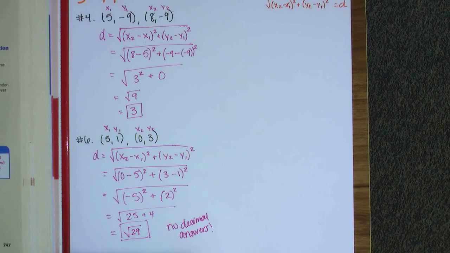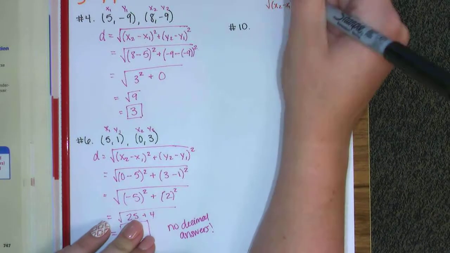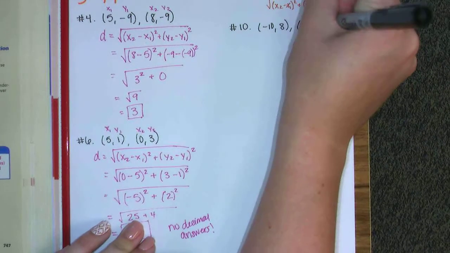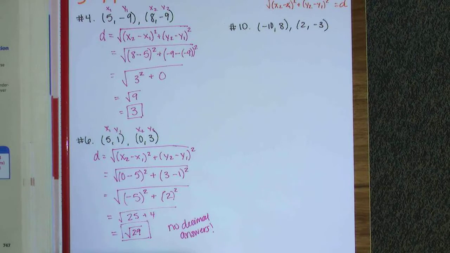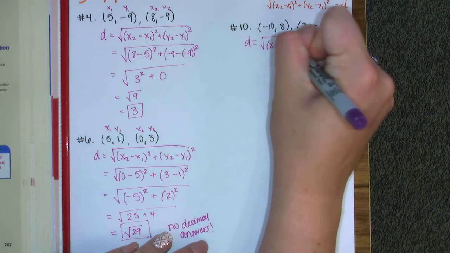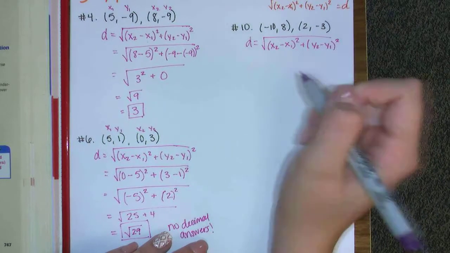Alright, let's see. I think I'll do one more of these ones. I will do number 10. Alright, so this is negative 10, 8, and 2, negative 3. So again, D is equal to the square root of (x2 minus x1) squared plus (y2 minus y1) squared.